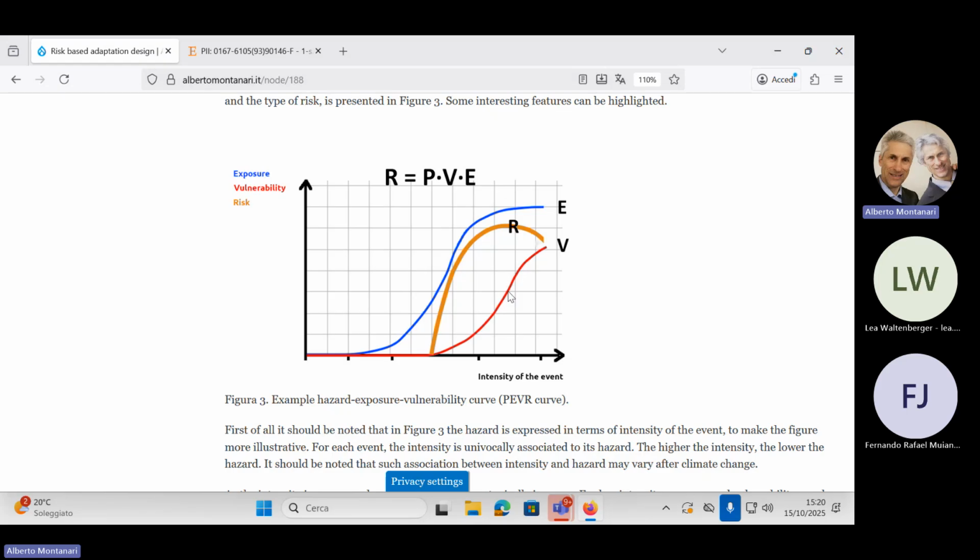So this is an approach that could give you an idea of what is the intensity of the event that gives the max risk.